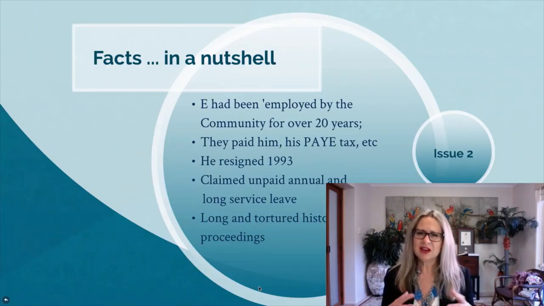So you have your first little possible hint that this might be a contractual relationship rather than a non-contractual relationship. There were other indicia as well. Homogenous resigned in 1993, so like I said, more than 20 years worth of service. He claimed unpaid annual leave and long service leave.